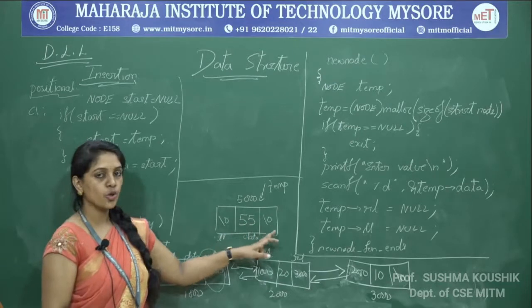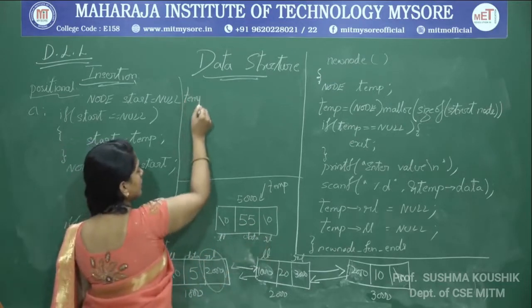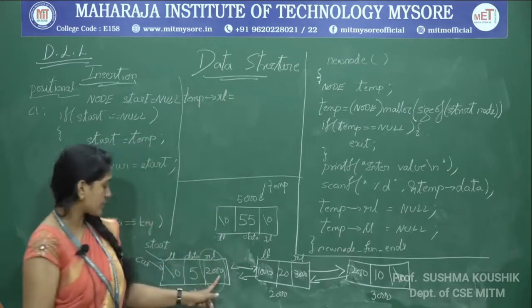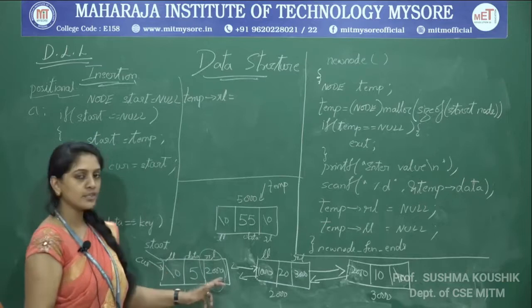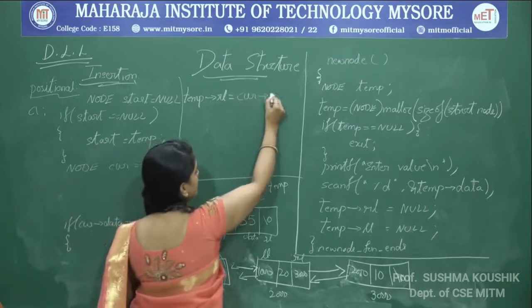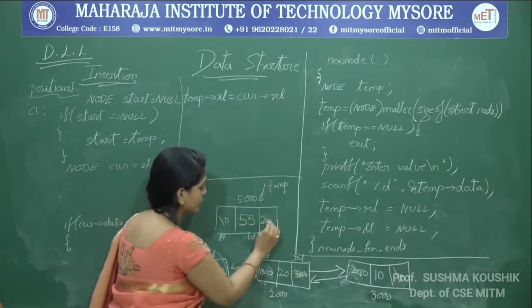Temp of RL should hold 2000. 2000 is currently held by current of RL, so current of RL is given to the temp of RL.